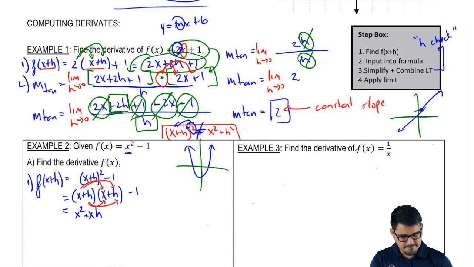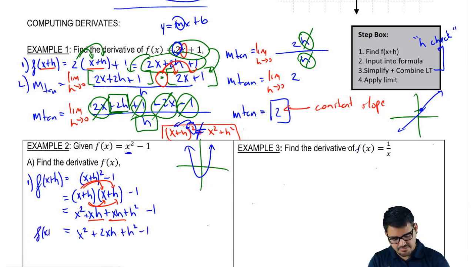So we're going to get x times h plus h squared minus 1. Now we're going to combine our terms here, because if you guys notice, we have x plus h and x plus h. So that is going to give us x squared plus 2xh plus h squared minus 1. So we have computed the f of x plus h. I'm just not going to write all those. You guys got it.